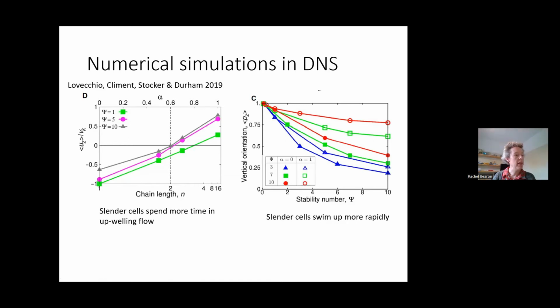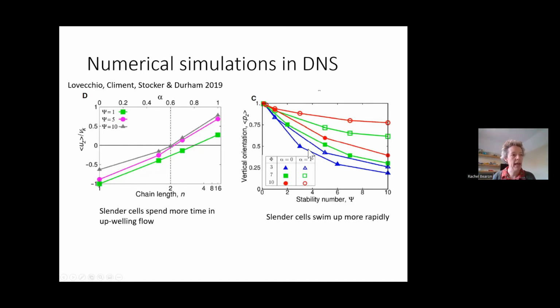And what they find is that as cells get more slender, as the chain gets longer, cells typically spend more time in flow that's going upwards in this turbulent simulation. So they have an enhancement in their upward transport because they're kind of hopping on an up elevator, transporting them upwards.